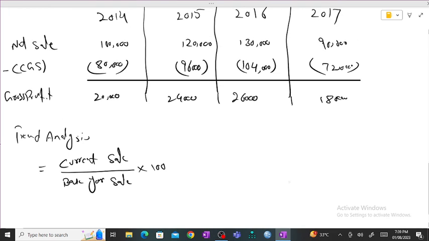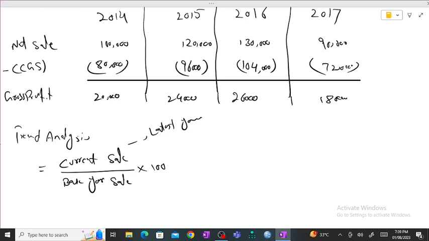Why am I saying that? Okay, first we move forward. You need to understand that the examiner will give you the base year first, and then you have to calculate the current year. Remember that the current year is always the latest year.